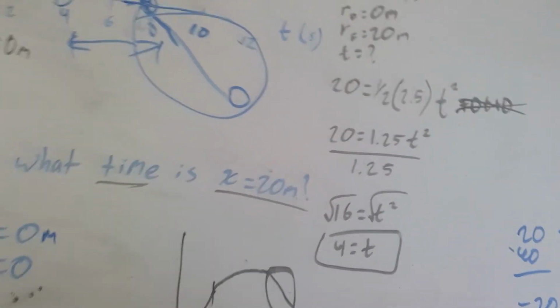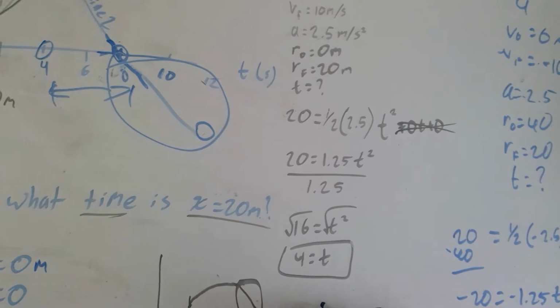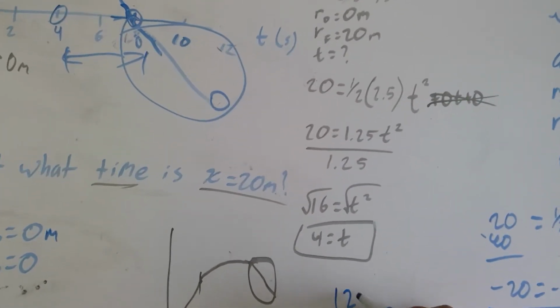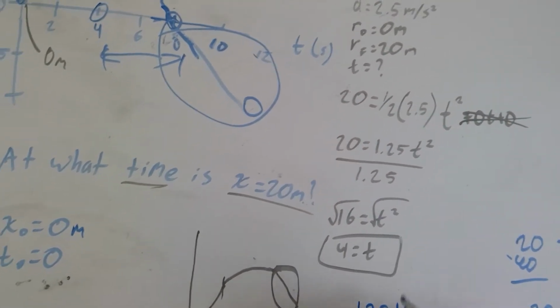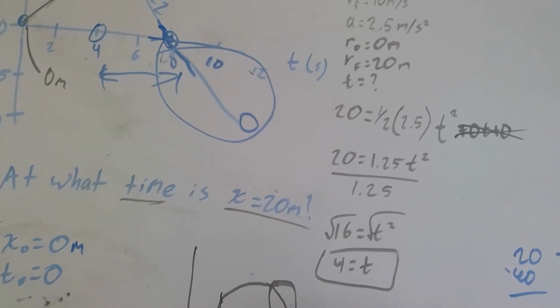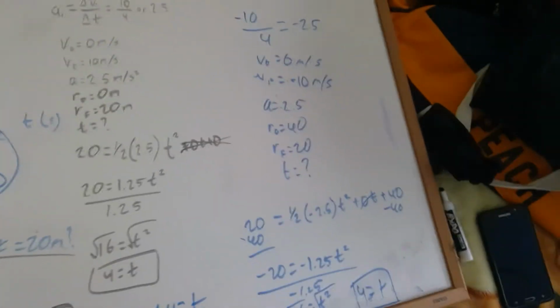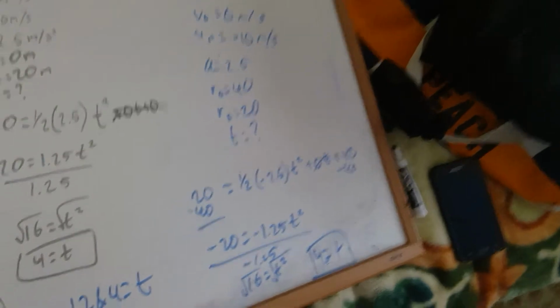So that is going to be our answer: 12 and 4 equals t.